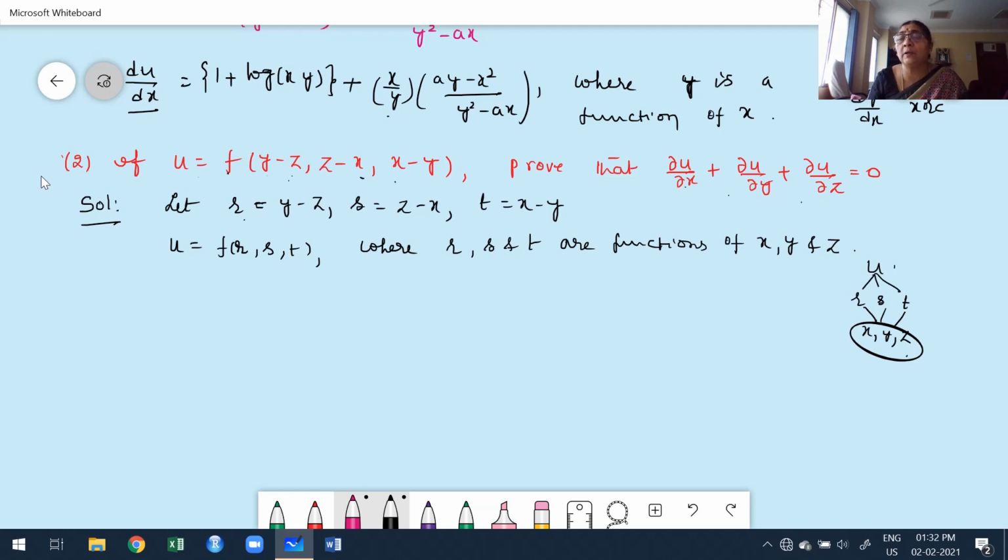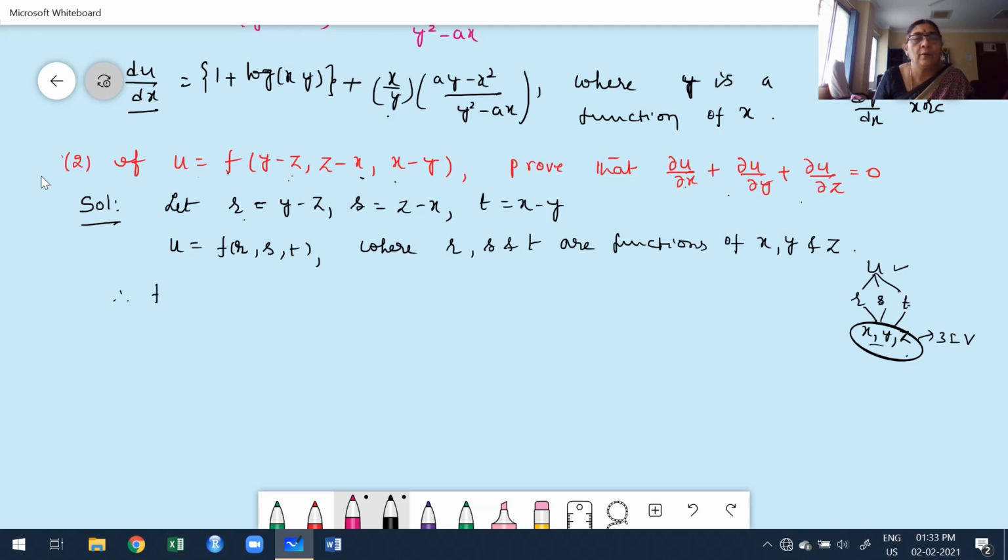The only possibility is the composite function, because all the variables depend upon more than one independent variable, 3 independent variables. Therefore, now we go for the composite function definition.